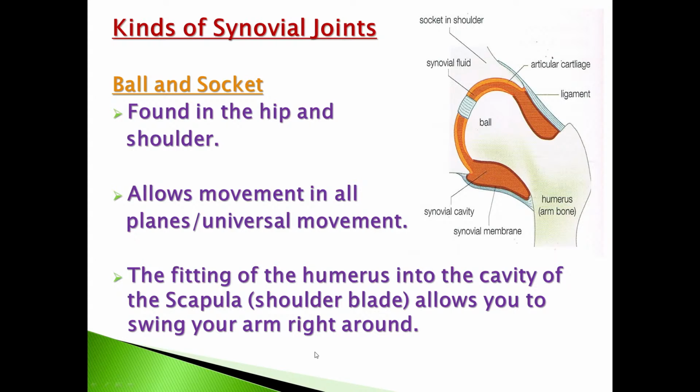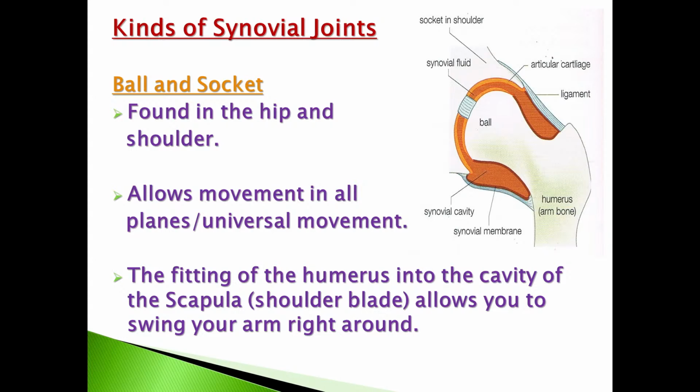So they're just giving you an example of two bones that form a ball and socket joint. The two bones that form the ball and socket joint in the shoulder are the humerus and, of course, the scapula, or if you want to use the term, shoulder blade.